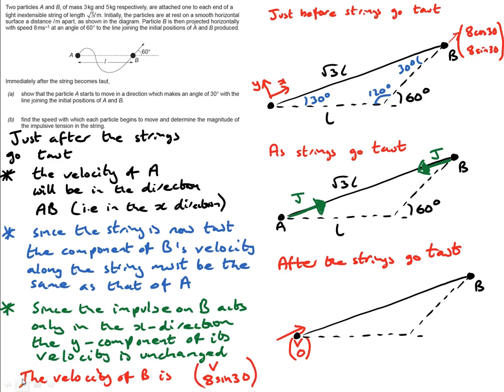So we have the velocity of B after the strings go taut is v in the x direction, since the string is taut and inextensible, and 4 in the y direction, since there was no impulse on B in the y direction.